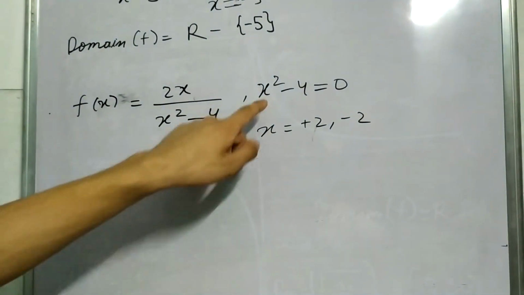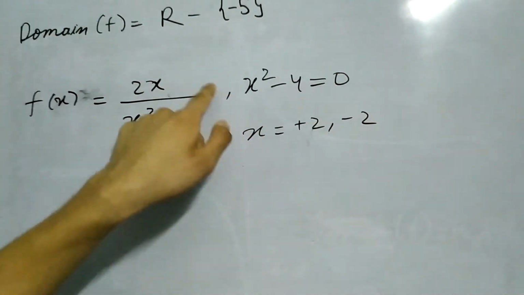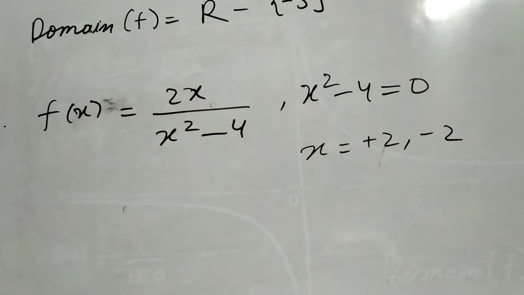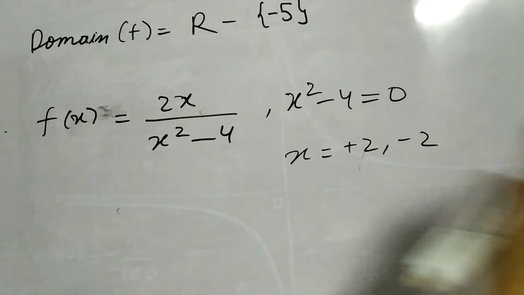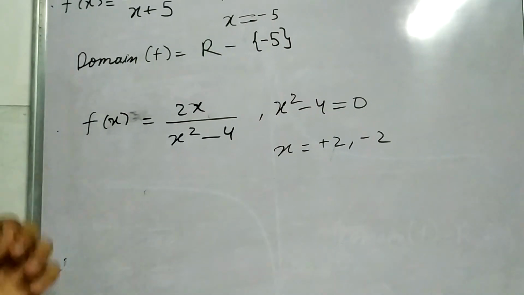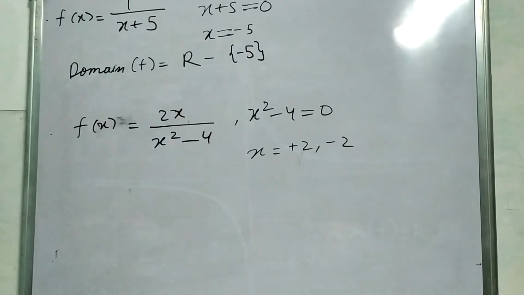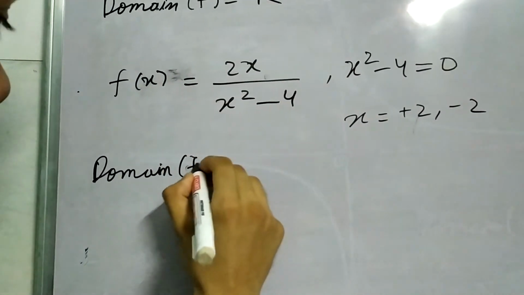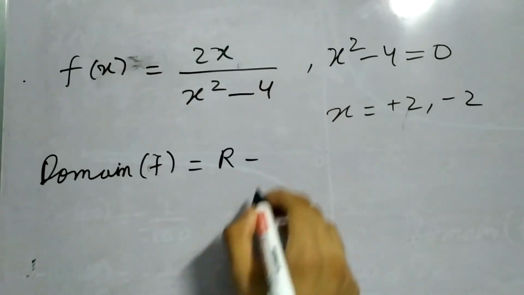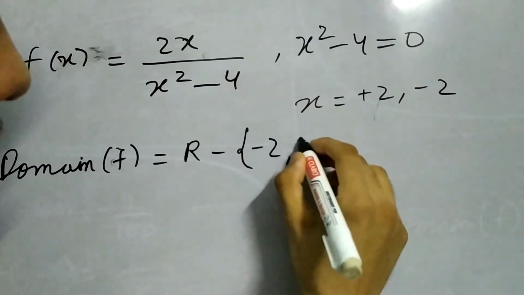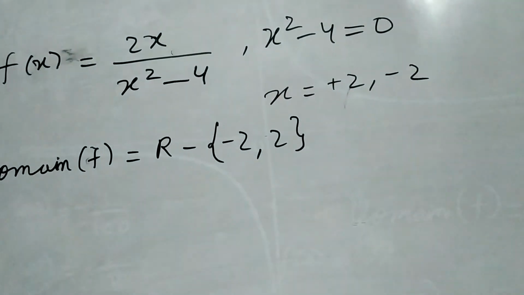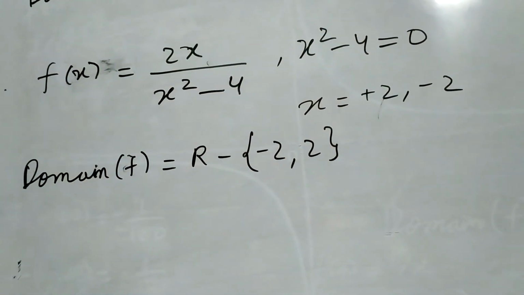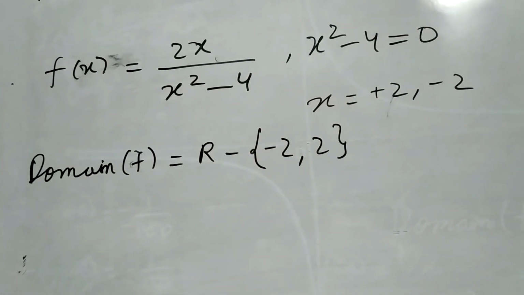So you put plus 2 here and minus 2 here, this will become 0. That's a problem. So it can take any value of x you like, but not 2 or minus 2. So domain of f is all the real numbers minus 2 and 2. All real numbers, remove these two elements from the real numbers.